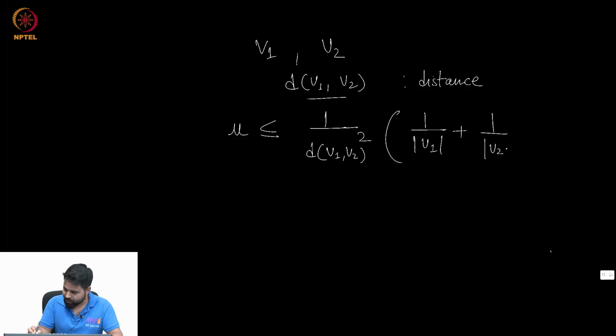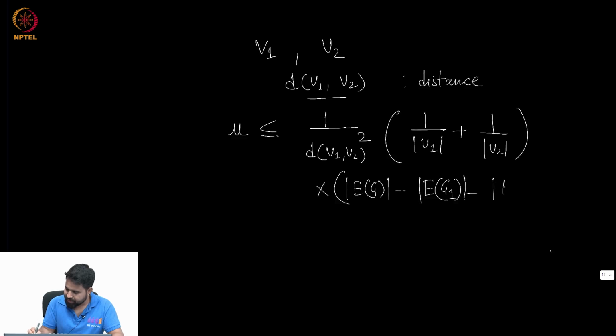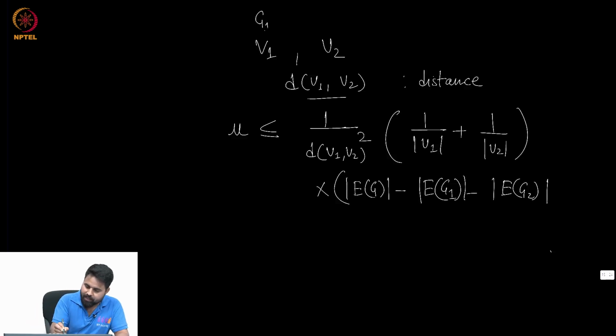This whole term is multiplied by the edges in G minus the edges in G1 and edges in G2, where G1 and G2 are nothing but the induced subgraphs on V1 and V2.